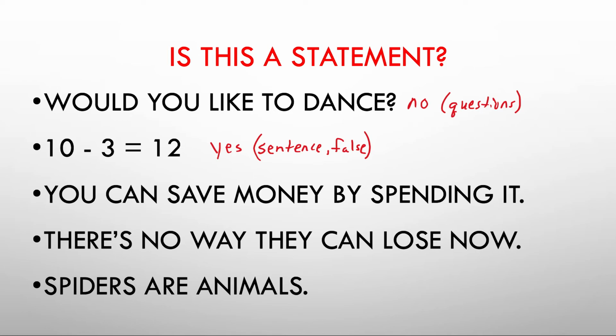The next one says you can save money by spending it. This, again, is a paradox. When you read it the first time, you might think it makes sense, but as you stop and think about it, you can save money by spending it, that doesn't really make sense. And so this is not a statement because it is a paradox.